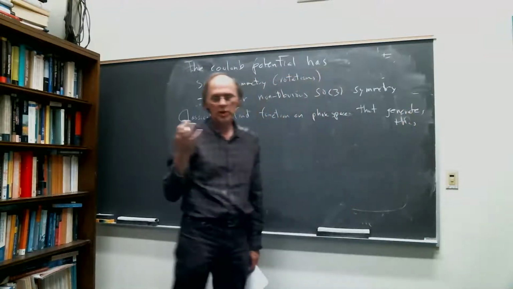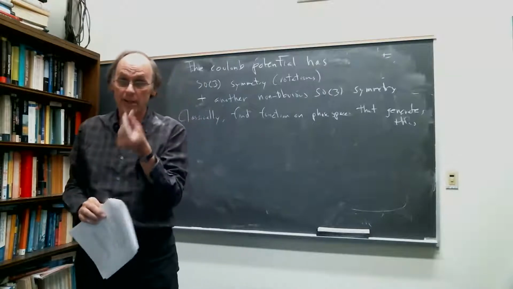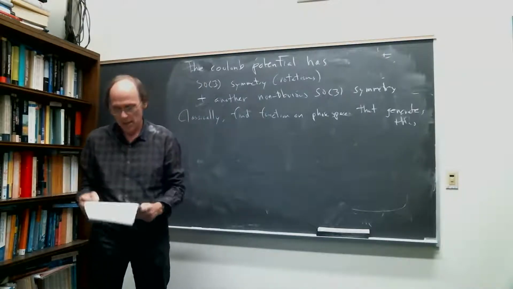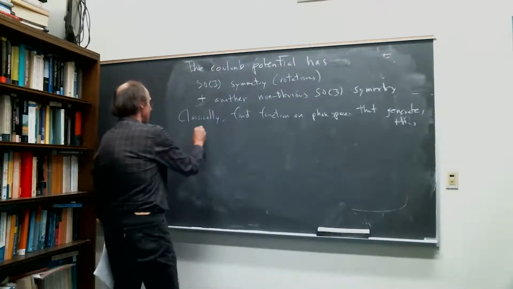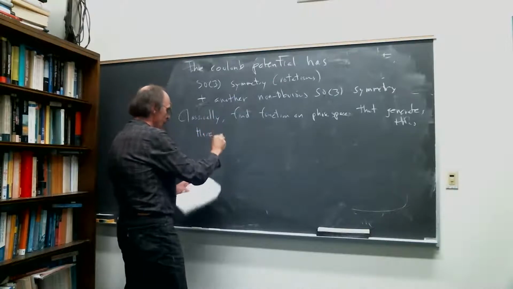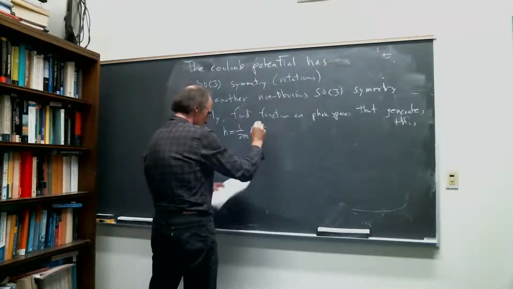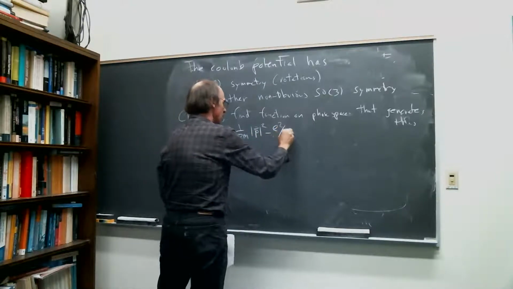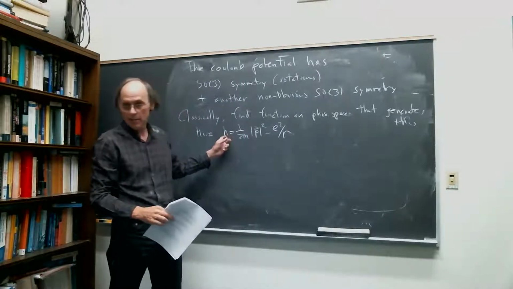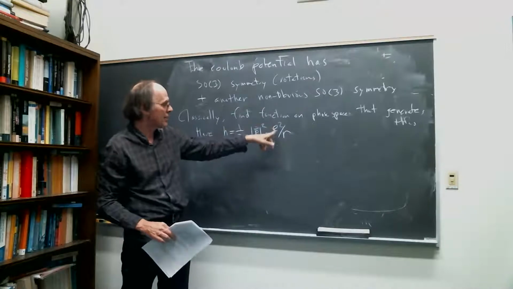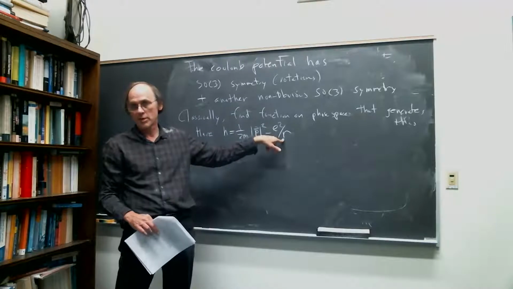Okay. So we're going to try to find the analog for this new SO3 of the angular momentum operators. We're going to try to find the moment map for this new SO3. So you have H is 1 over 2m, and then p vector squared, minus e squared over r. Okay. So this is your Hamiltonian function on phase space. It's non-polynomial, since you're dividing e squared by the square root of the sum of the squares of the q's.